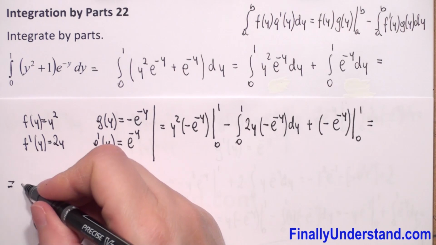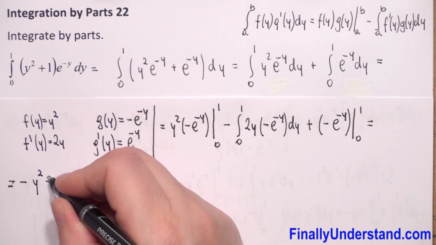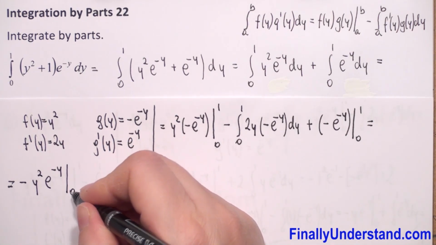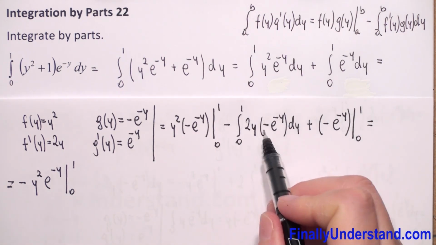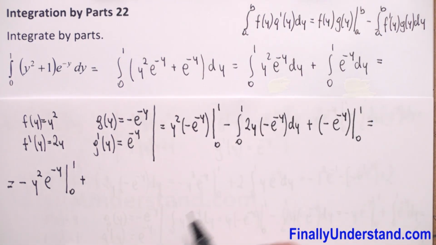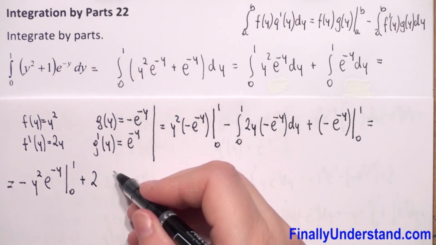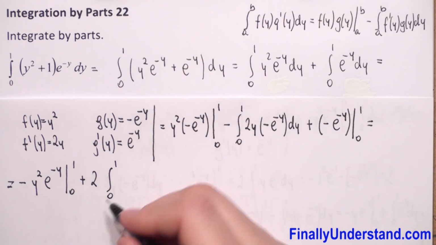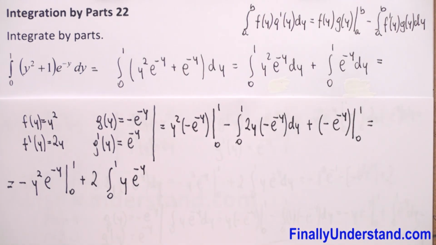So this is equal. Positive times negative gives us negative. We have y squared e to the power negative y, limits from 0 to 1, and negative and negative give us positive. 2 we can put before the integral symbol, and we have the integral from 0 to 1 of y times e to the power negative y with respect to y.